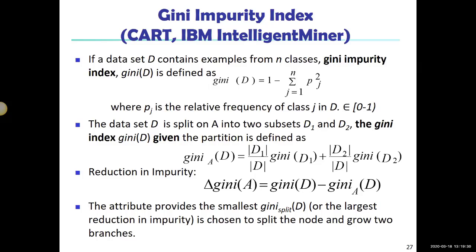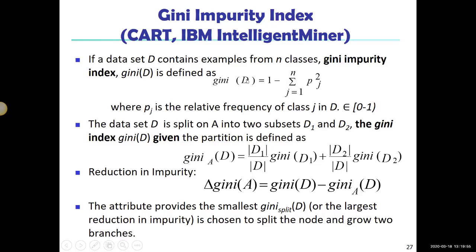Gini impurity is a different way to measure uncertainty. In this case, they call it impurity, how impure a class or a group, a data set is. The Gini impurity index formula is here. Here, n represents the number of different classes.